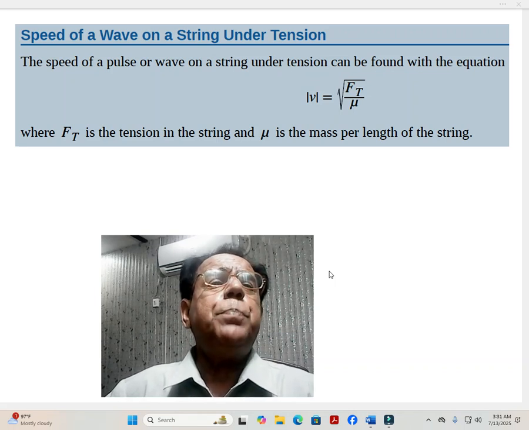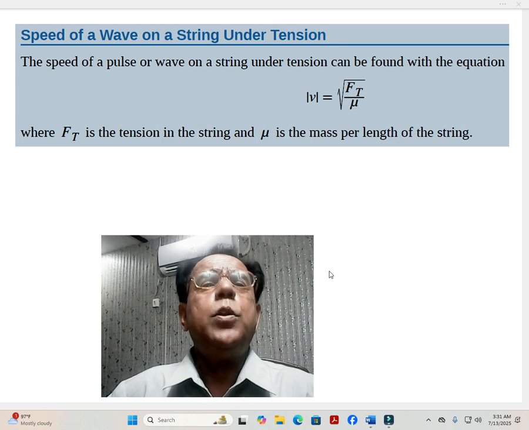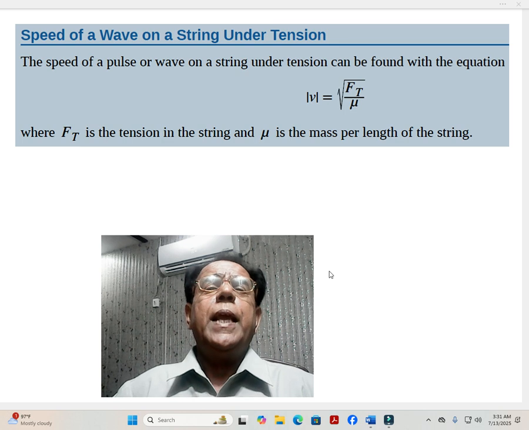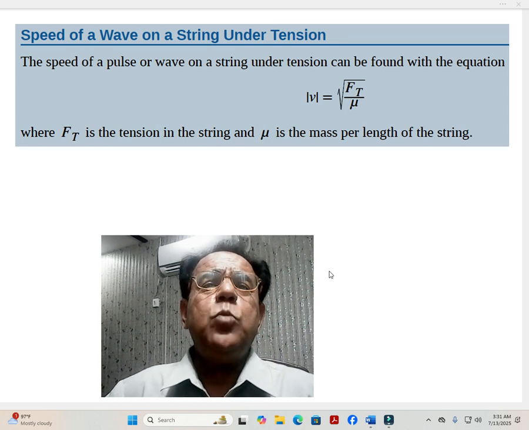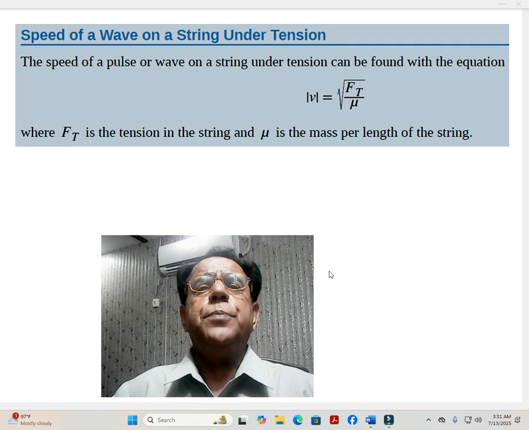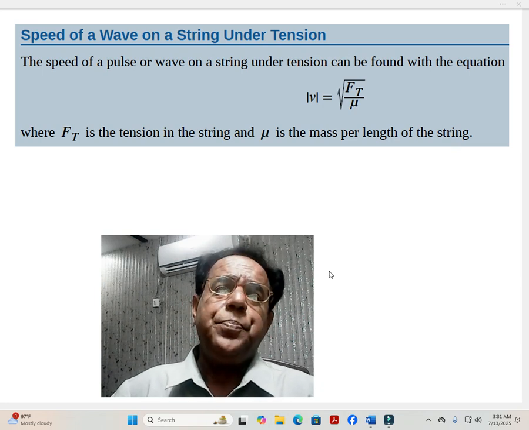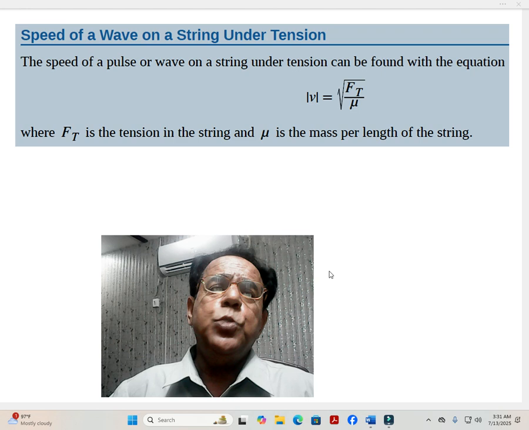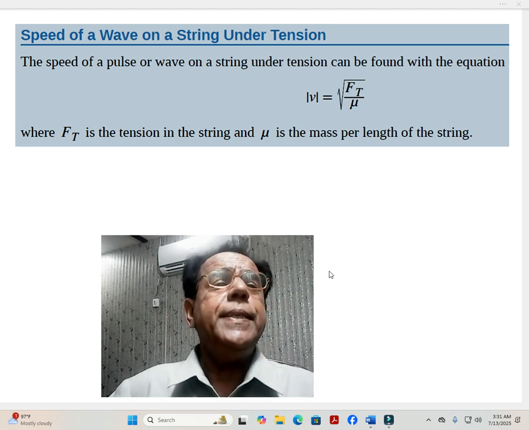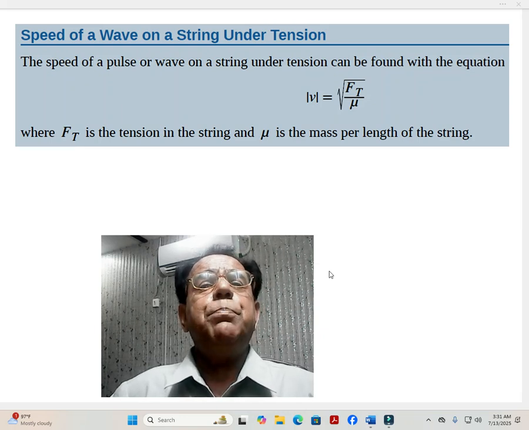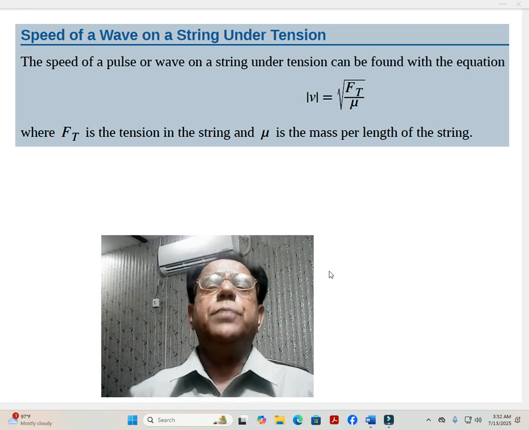The speed of a pulse or wave on a string under tension can be found with the equation: absolute value of v is equal to square root of F_T over mu, where F_T is the tension in the string and mu is the mass per unit length of the string.